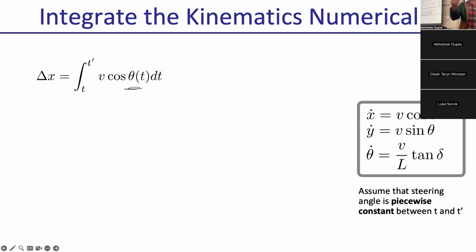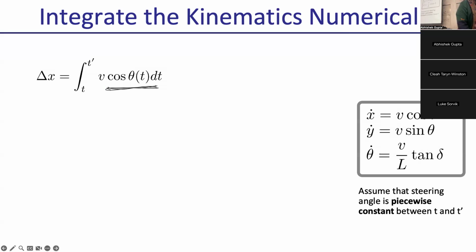Theta is a function of t, and it's a somewhat complicated function of t, so this integral is kind of hard to compute. So we're going to convert this integral in terms of dt to an integral in terms of d theta. It's going to be easier to compute.